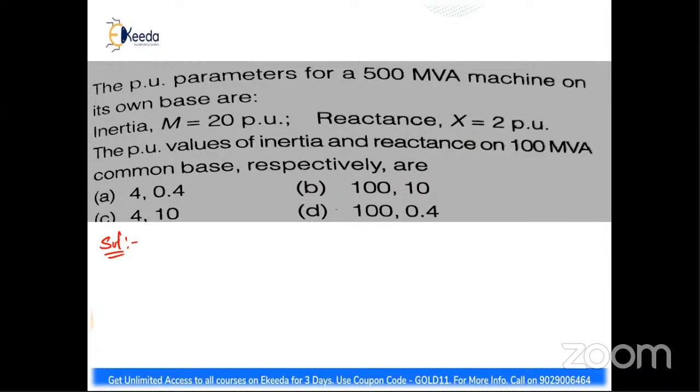So we'll write the formula: M PU of new, that is inertia, is equal to M PU of old base value into MVA of old divided by MVA new.